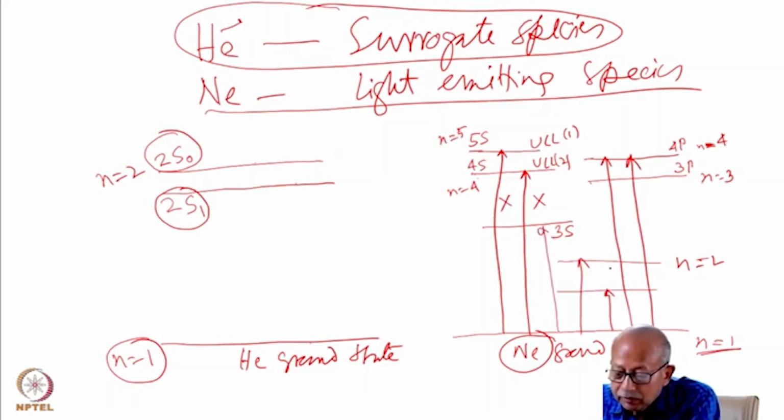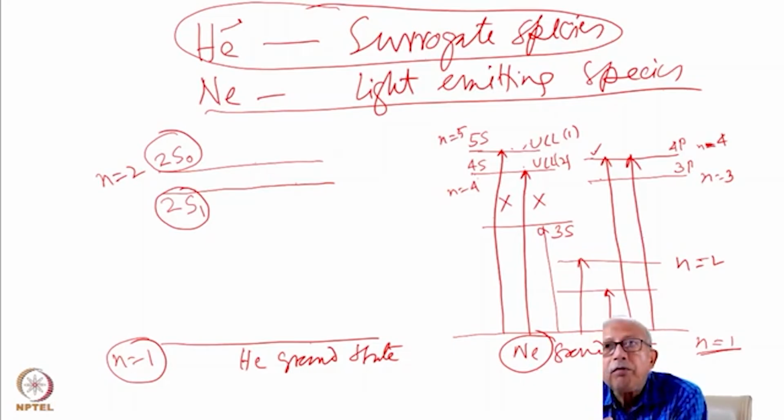In fact, the probability of populating these levels may actually be more than these levels. So it is absolutely improbable that you will strike a population inversion between the upper laser level and the lower laser level in a discharge containing only neon atoms.